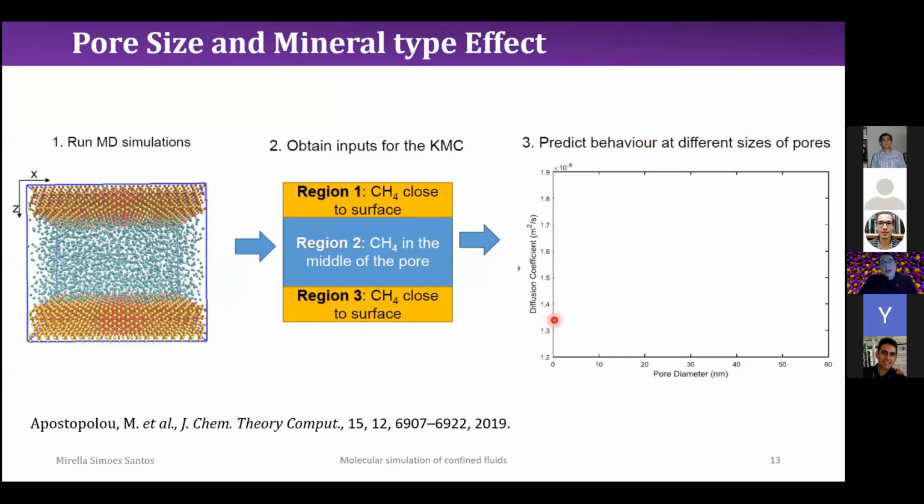And then we can have a prediction of the diffusivity of methane as a function of pore size, without the very high computational cost that would be required if we were to obtain this relation only through molecular simulations.